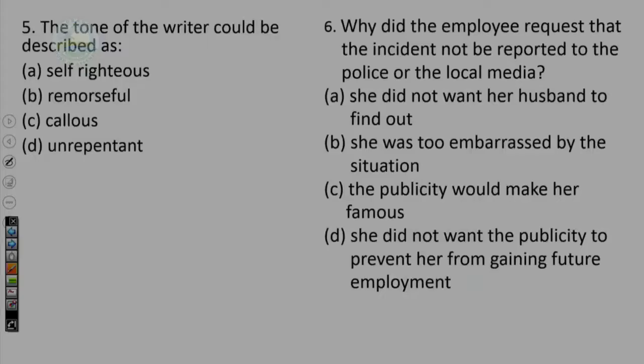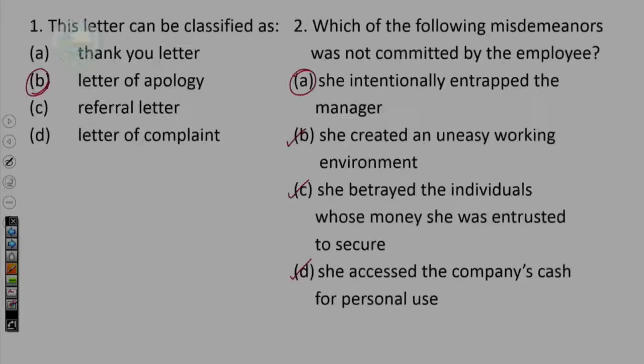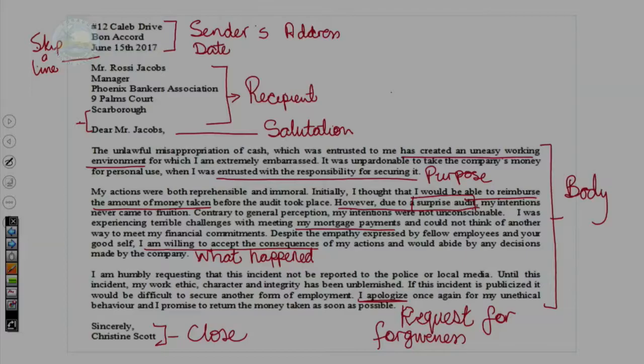In the passage, she actually made a case for this. She said, I am humbly requesting that this incident not be reported to the police, and we're looking at the last paragraph. I'm humbly requesting that this incident not be reported to the police or local media.